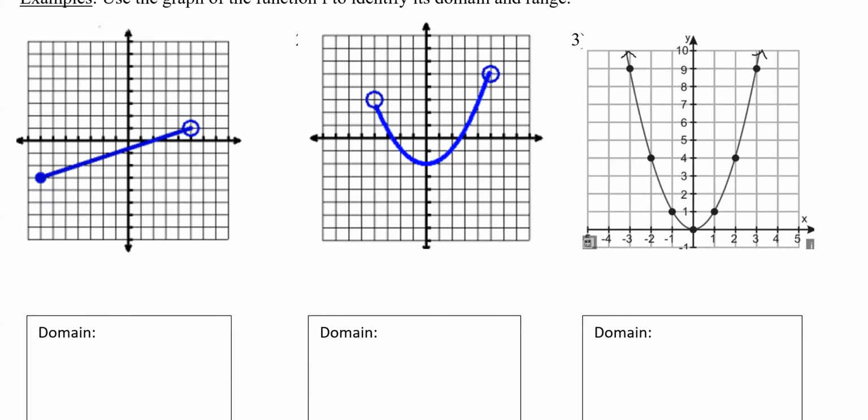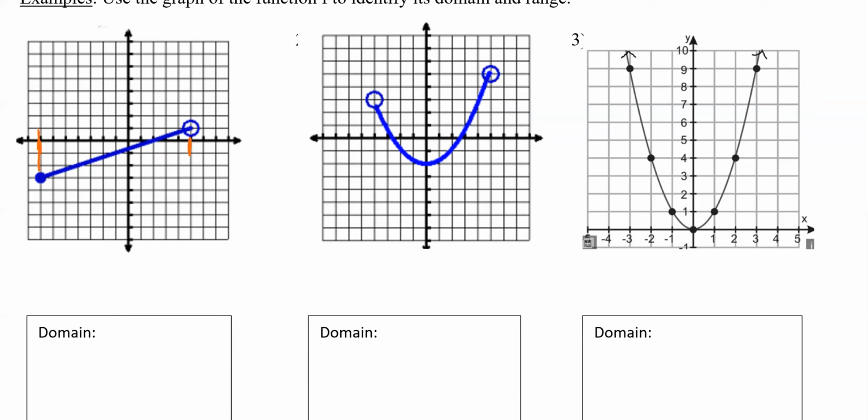All right, so what we want to do here is we want to determine the domain and range of the graph. So your domain are your x values and range are your y values. So let's look to see what values of x this first graph is defined from. So it's going from here to here.